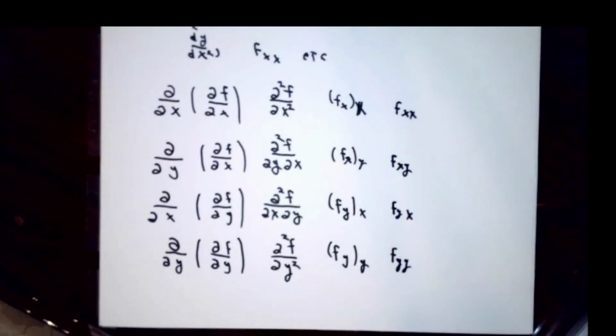If you keep that straight, this notation isn't as strange as it looks. What is strange, though, is that it looks like there's going to be 4 of these things, but it turns out if the function is even reasonably nice, there's really only 3 of them.